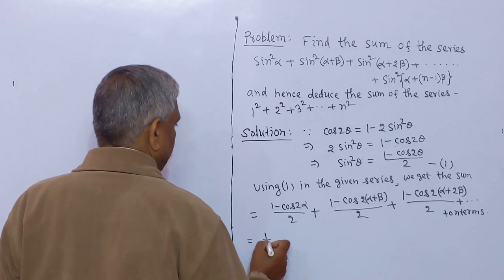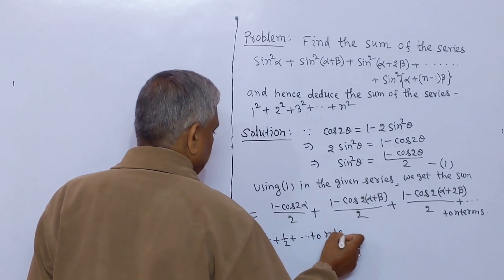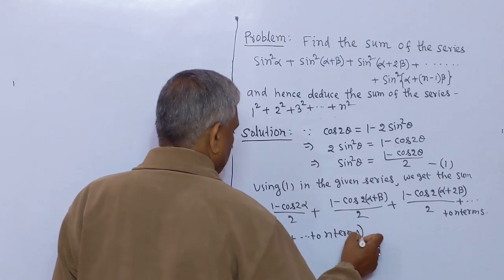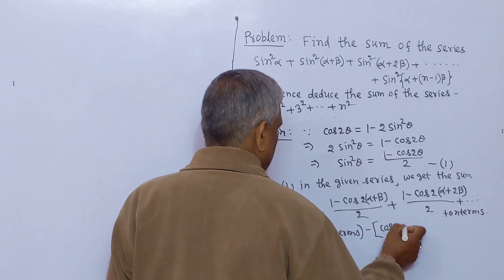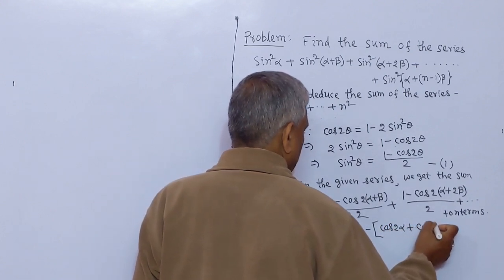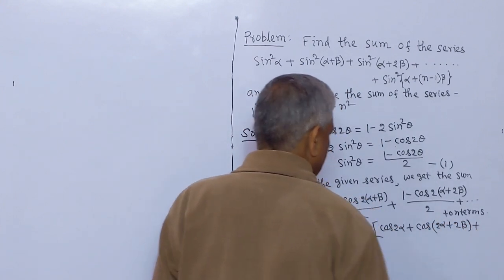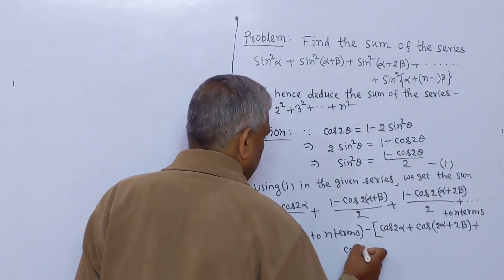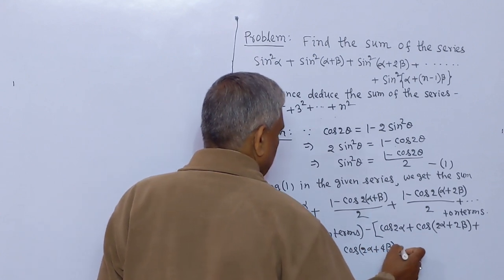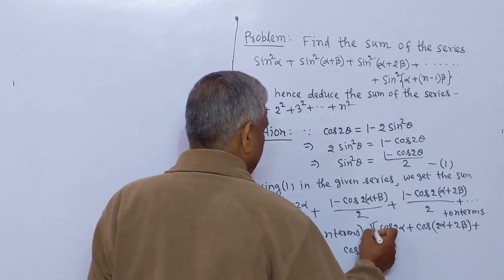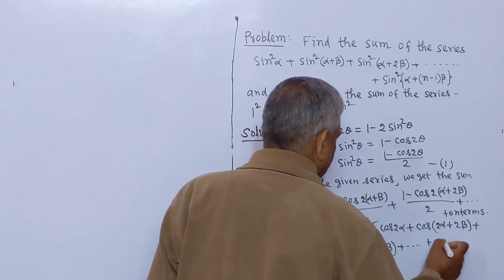This is equal to half plus half plus dot dot dot 2 in terms, minus cos 2 alpha plus cos (2 alpha plus 2 beta) plus cos (2 alpha plus 4 beta), and here we have a half plus dot dot dot 2 in terms.